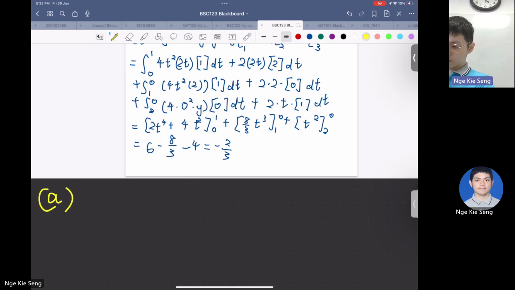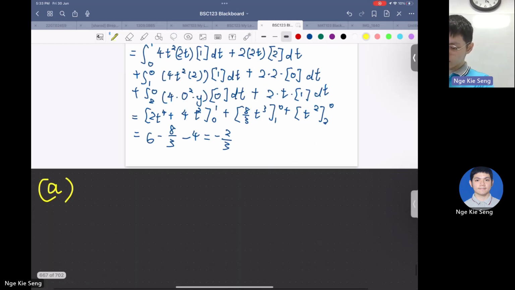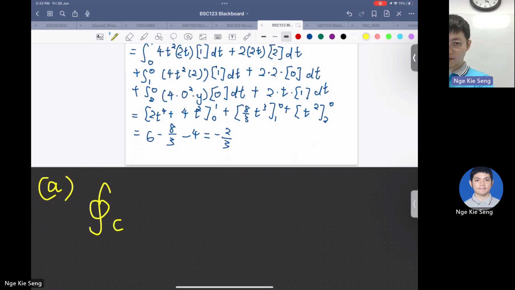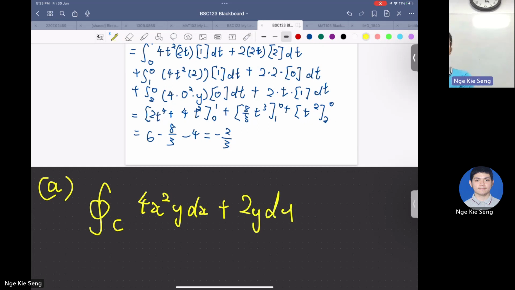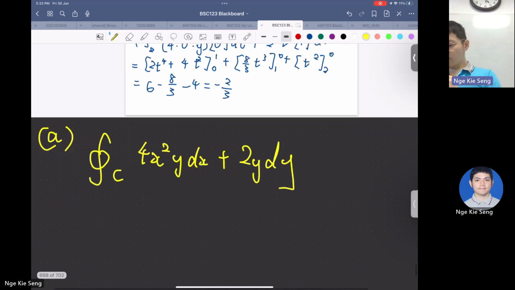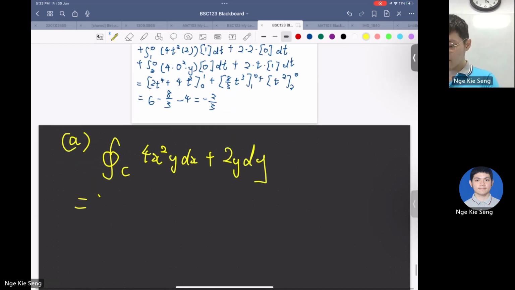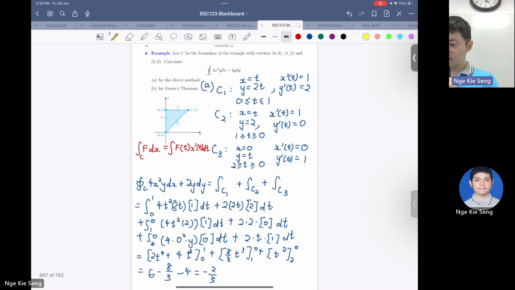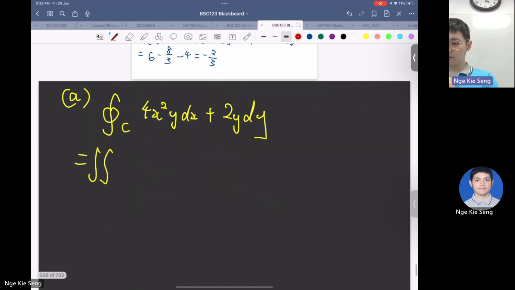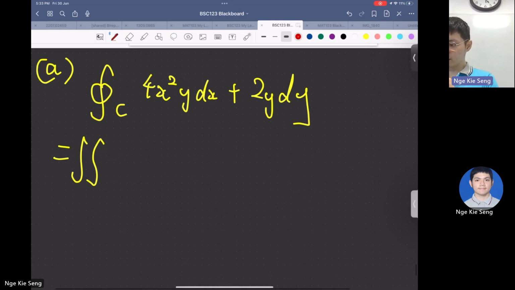Let's write down this line integral here. So it is 4x squared y dx plus 2y dy. So how to write this as a double integral? Let's call the region D, the triangle. So what's the procedure?